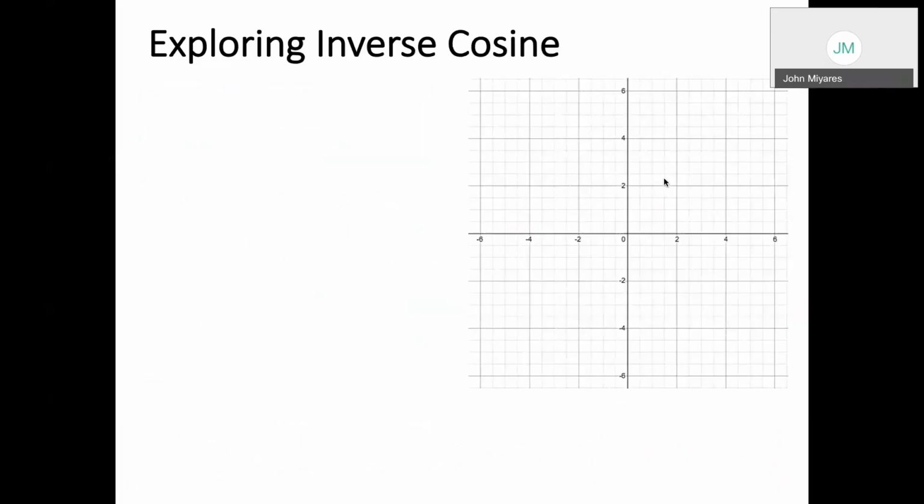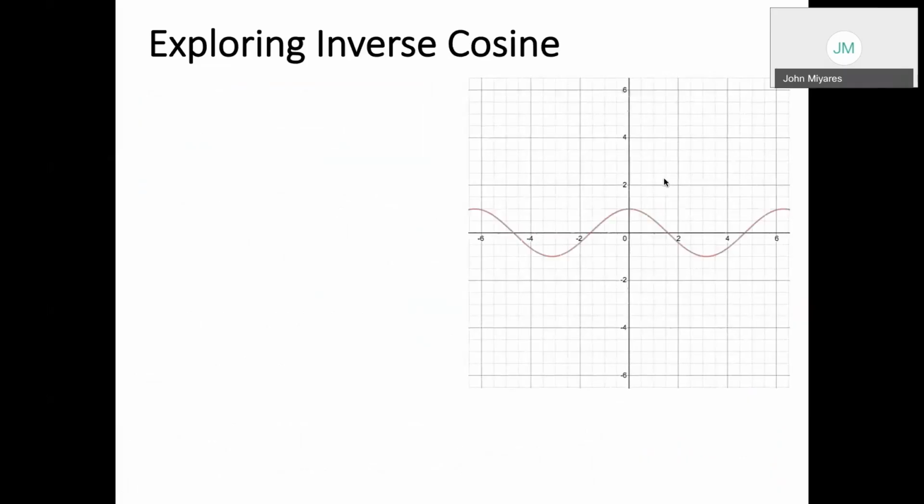So now let's look at what happens when we do this with cosine. When I graph the cosine wave, we see our regular graph starts at (0, 1) and decreases down to -1 when we get to pi radians, and then comes back up to +1 when we get to 2 pi radians. And this pattern repeats itself over and over again in both directions.